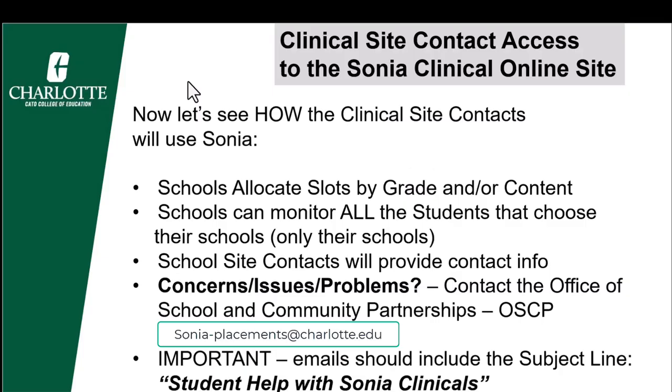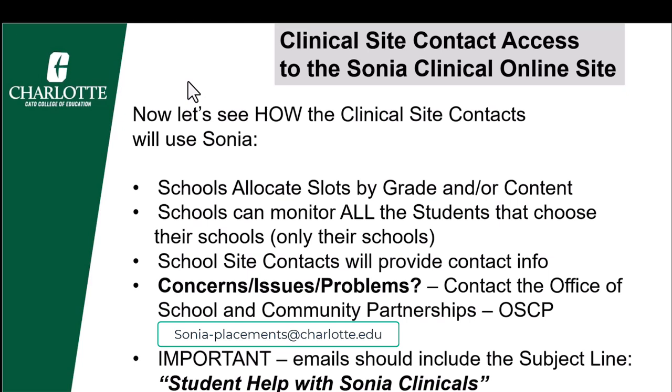All right, so just to recap back here at the presentation, I've shown you how the slots for you to visit are allocated. I've shown you how the school site contacts can monitor their students, where to find the contact information, and then this next bullet is about any concerns, issues, or problems that you're having using the Sonia clinical system. What you're going to want to do is contact our office, the Office of School and Community Partnerships.